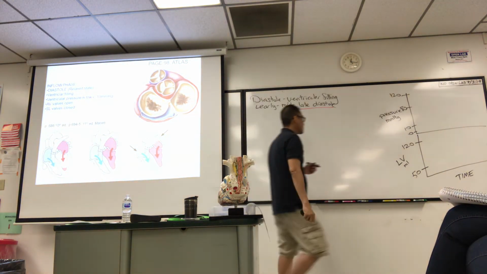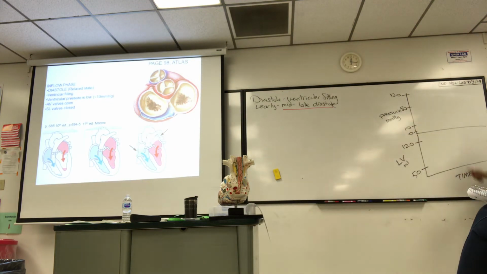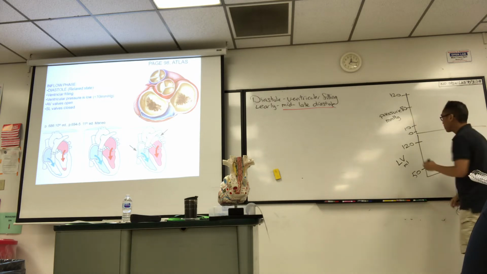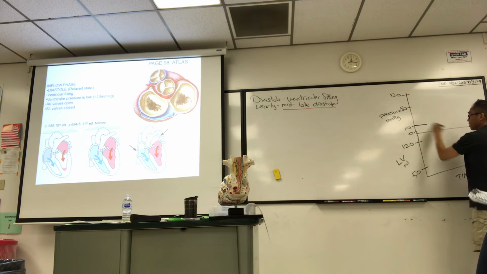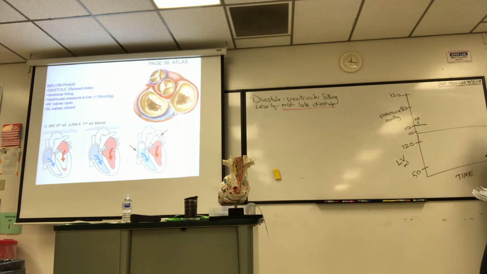So what's happening is, if blood is going to flow into the ventricles, the pressure must be lower there. That means the pressure in the LA, the left atrium, let's say this is my line for LA, 10 millimeters of mercury. It's right around there.